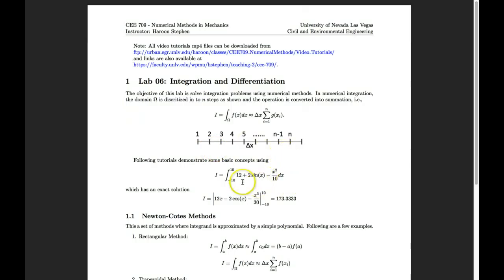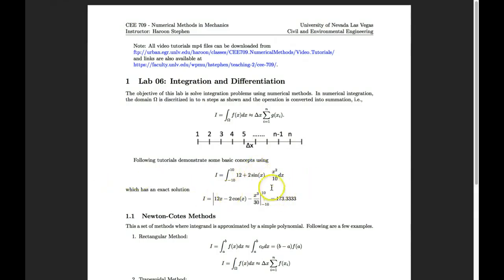As an example, we'll be integrating a simple function, which is 12 plus 2 sine x minus x squared over 10. We have used this in our previous labs. It is primarily a shifted parabola on which a sine wave is riding.